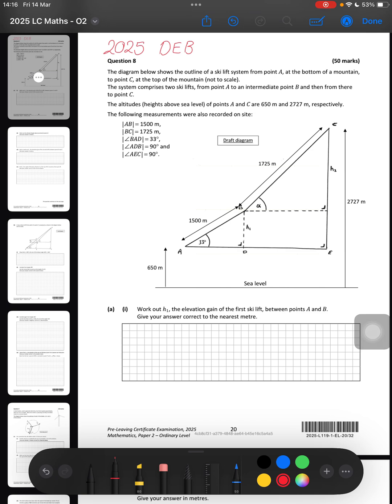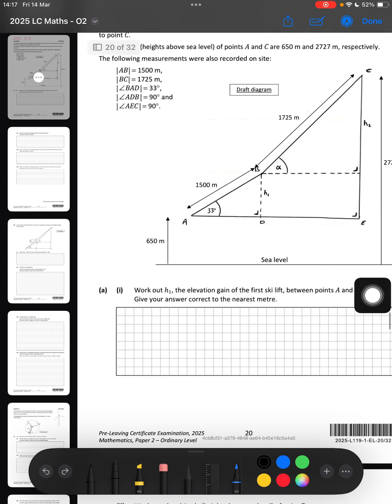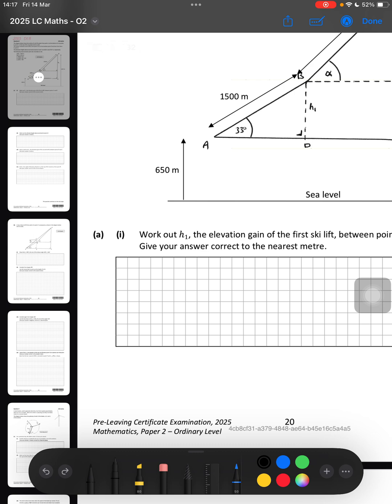Okay, so work out H1, the elevation gain of the first ski lift between points A and B. So in this triangle, let's just do a little sketch of what that triangle is looking like. It's a right angle triangle.